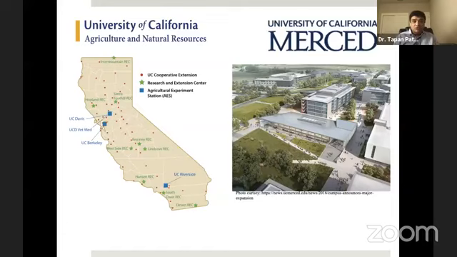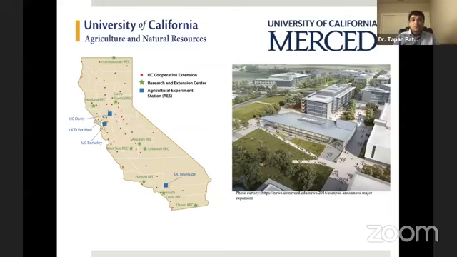You also see those stars in that map. Those are research and extension centers. We have roughly 9 or 10 research and extension centers across California, and they house both academics as well as cooperative extension specialists who are working on more applied research in both ag and natural resources areas.